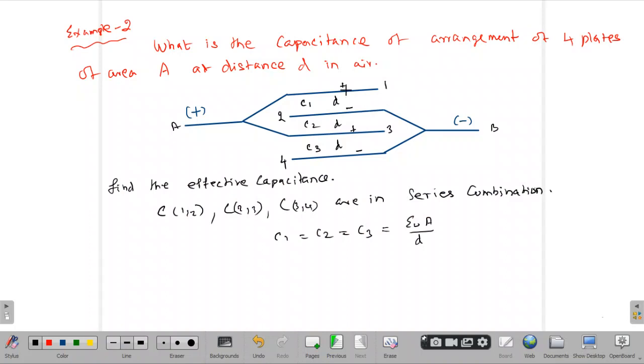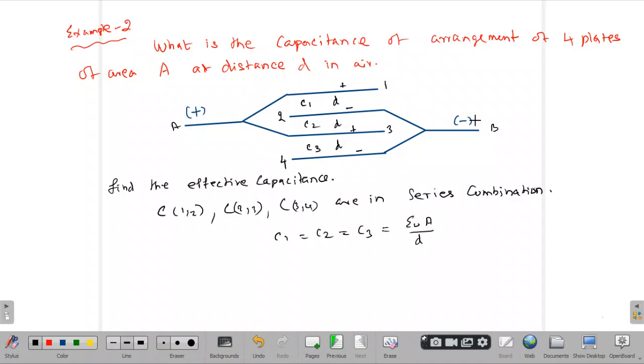So 3 capacitors C1, C2, C3 with equal capacitance epsilon naught A by D. All 3 capacitors are connected between the 2 ends A and B. Then what is the meaning?